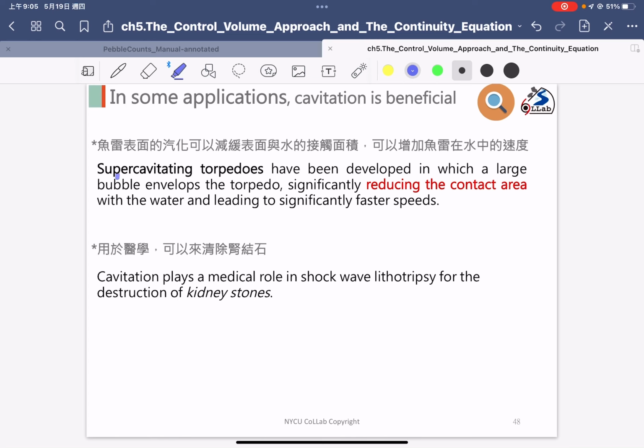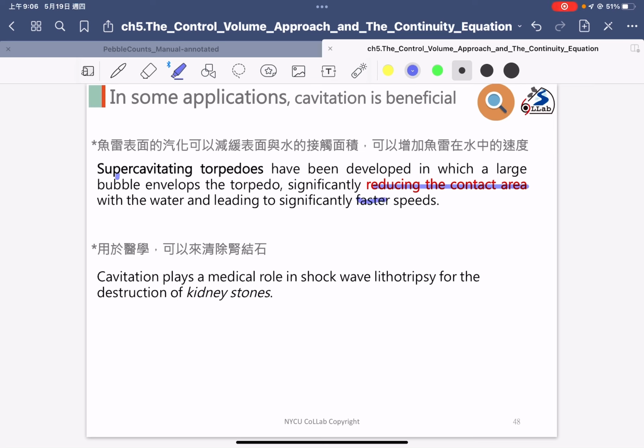That's supercavitation. Torpedoes have been developed based on the idea that if we have a large cavitation on the surface of the torpedo, it can significantly reduce the contact area. So that's why the torpedo can move much faster.